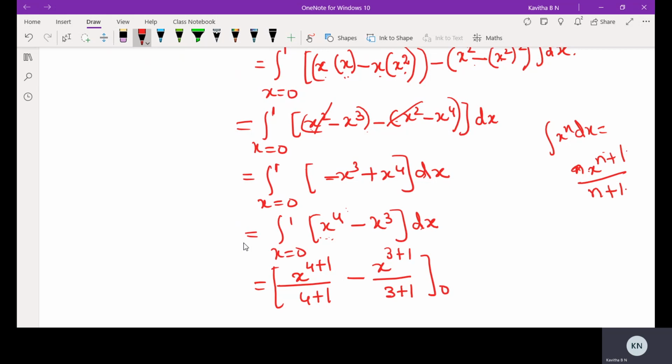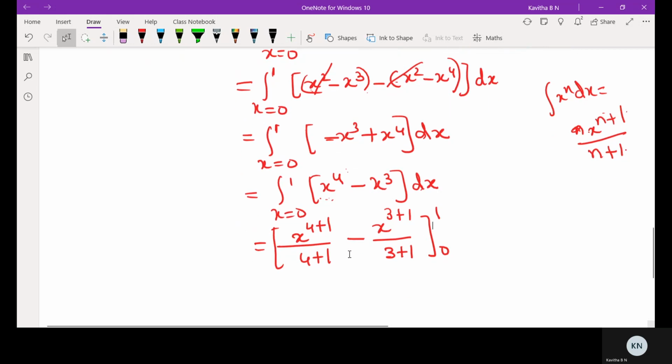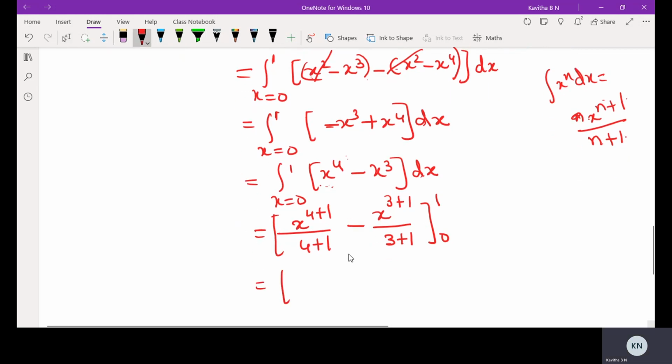Then the limits are 0 to 1. Then x to the power of 5 by 5 minus x to the power of 4 by 4, with limits 0 to 1.